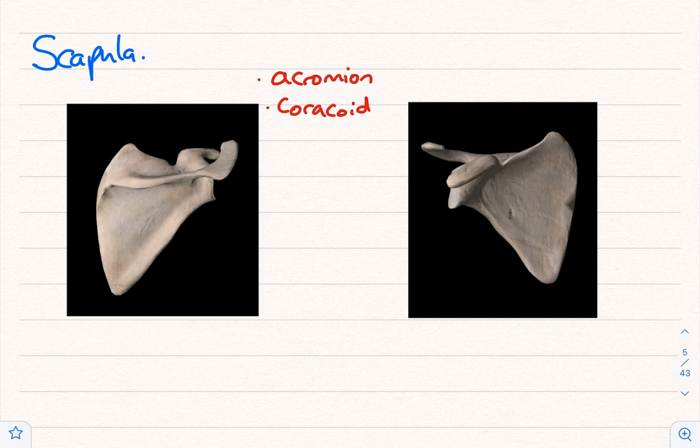Coracoid is like crow's beak. Don't know why it's called that. I guess it's supposed to look like it. That's this one. And then the acromion is what you feel if you feel your shoulder joint, that knobbly bit. That is your acromion. So this one here is the coracoid and this one here is the acromion. Good landmarks in terms of surface anatomy and feeling where things are.